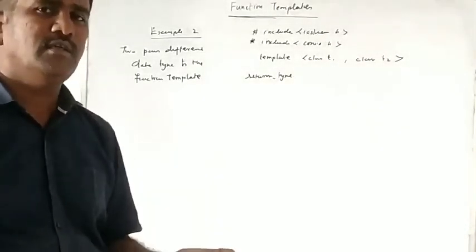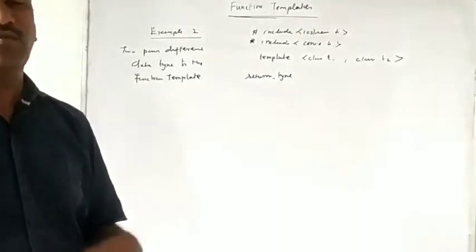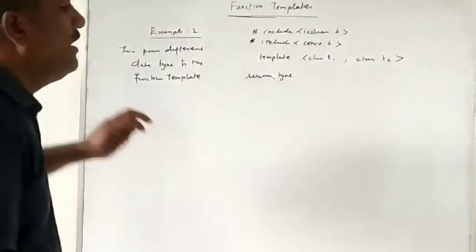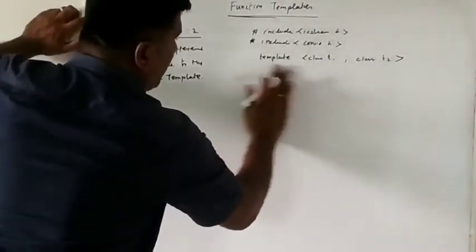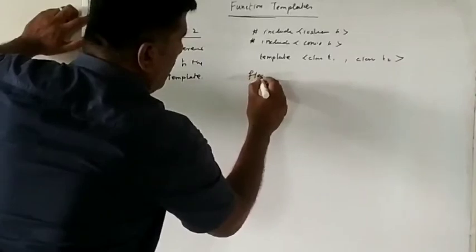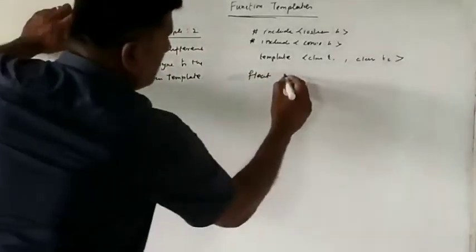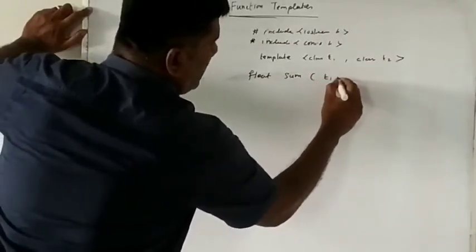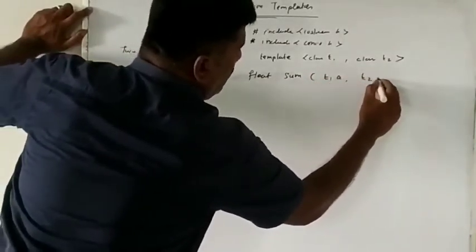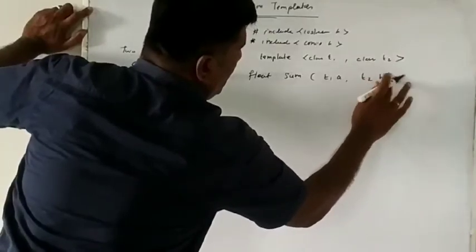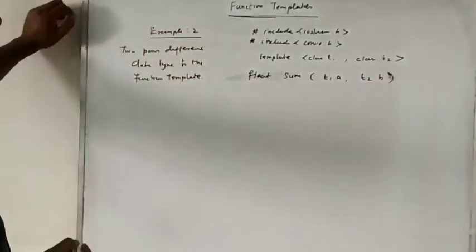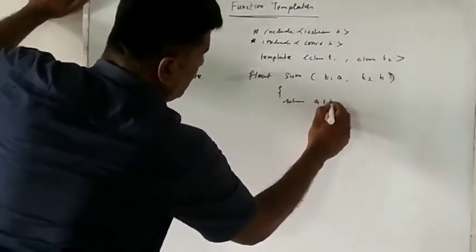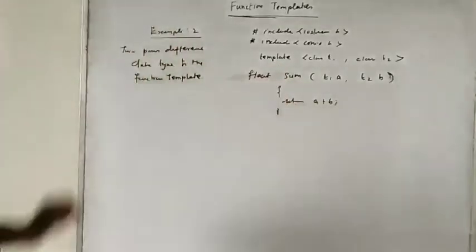Which one is the biggest? Float is the biggest compared to integer. So here you use the data type float. Then sum of T1 A, T2 B, return A plus B, that's all.